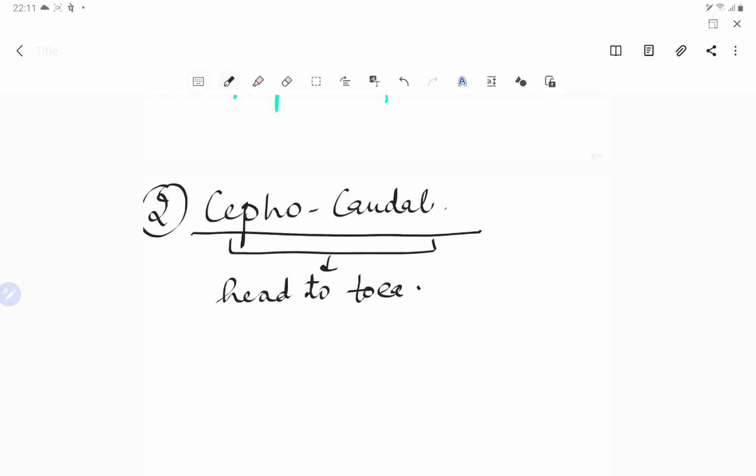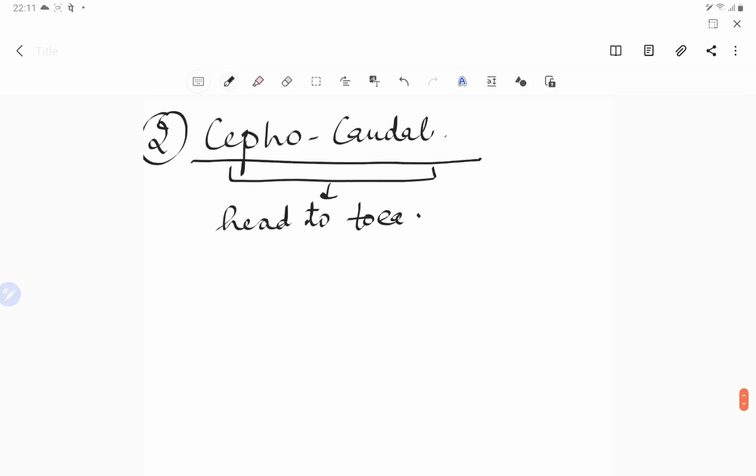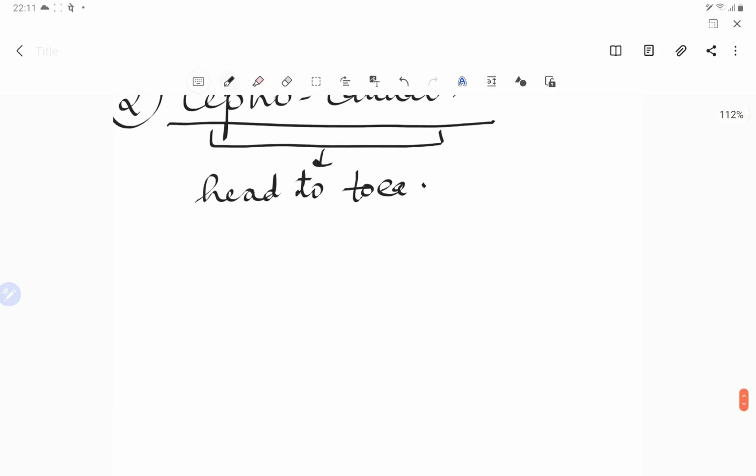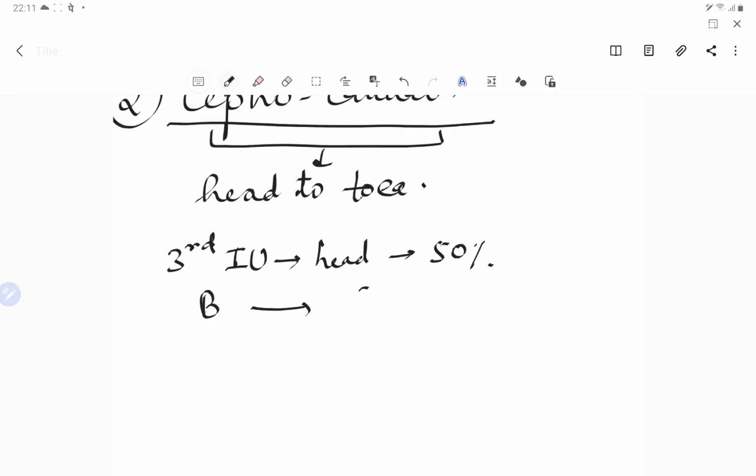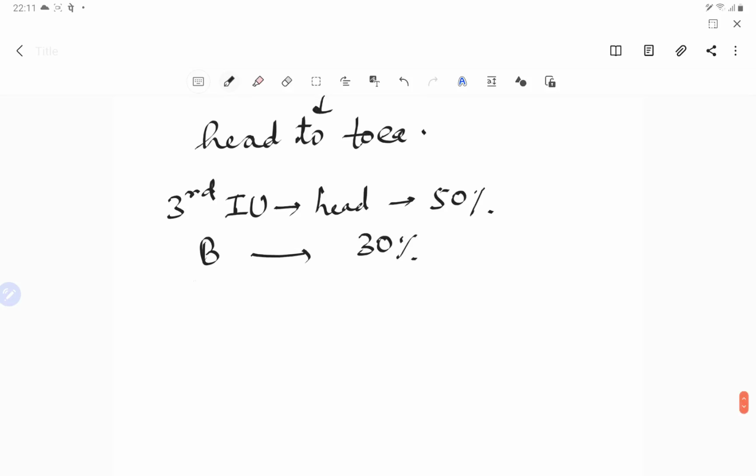After birth the growth is away from the head more, so the length of the head relative to the body length is going to decrease. At the third month of intrauterine life, the head is 50% of the body. At birth, the head is 30% of the body, and in the adult it is 12% of the body.